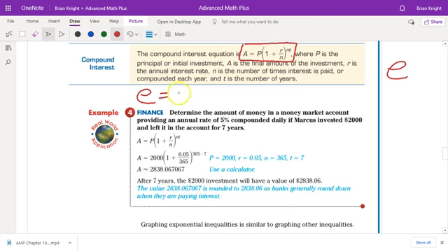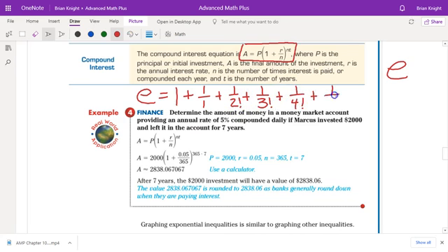So E is 1 over 1 factorial plus 1 over 2 factorial plus 1 over 3 factorial, and you just keep going, plus 1 over 4 factorial.